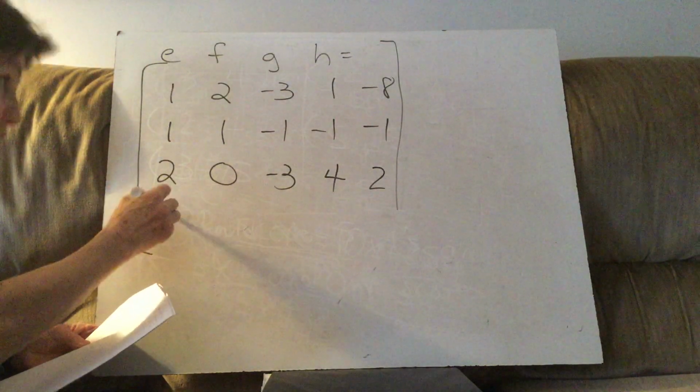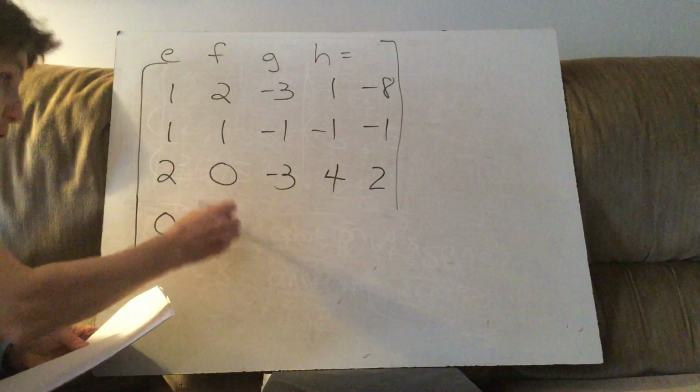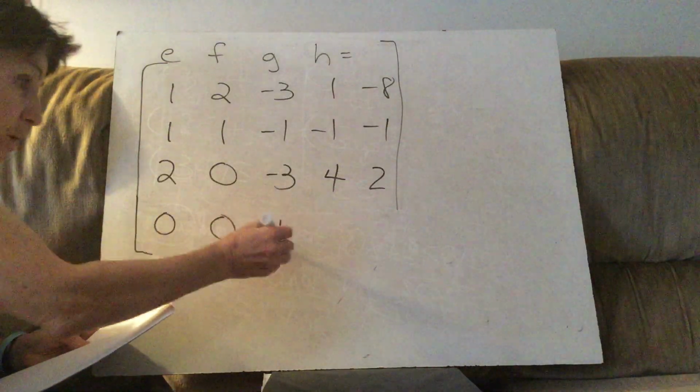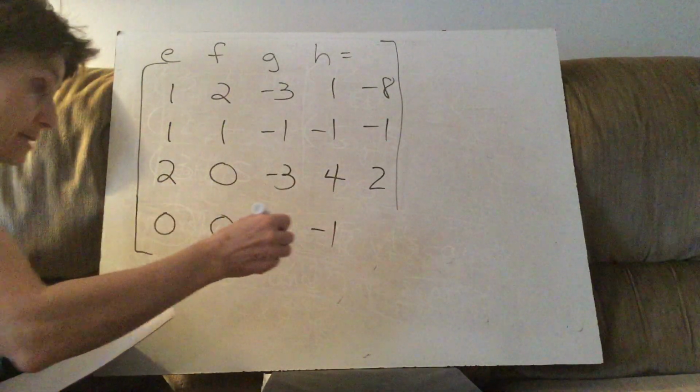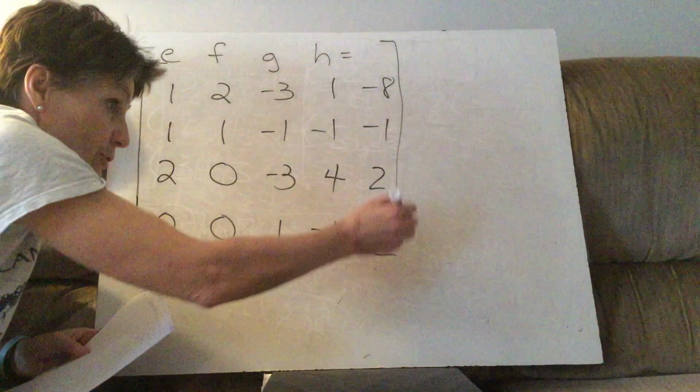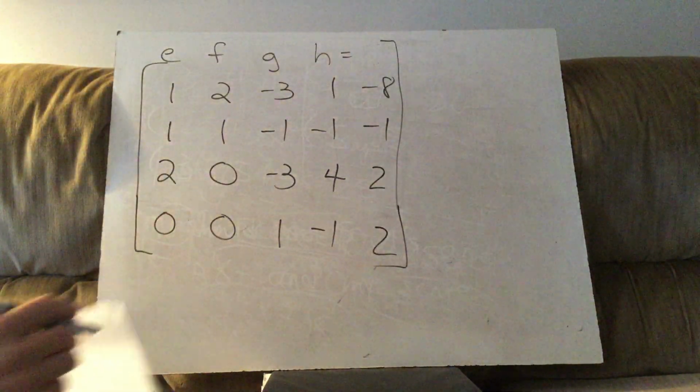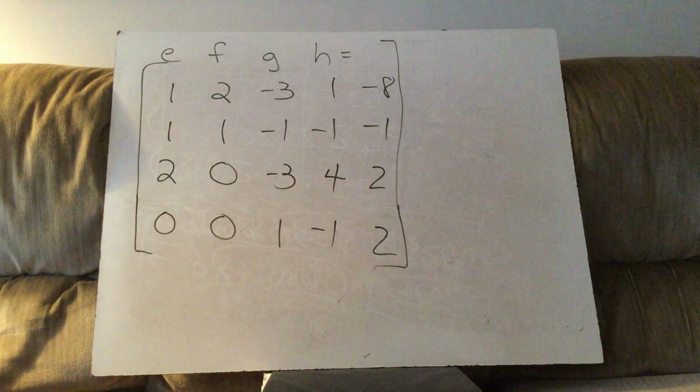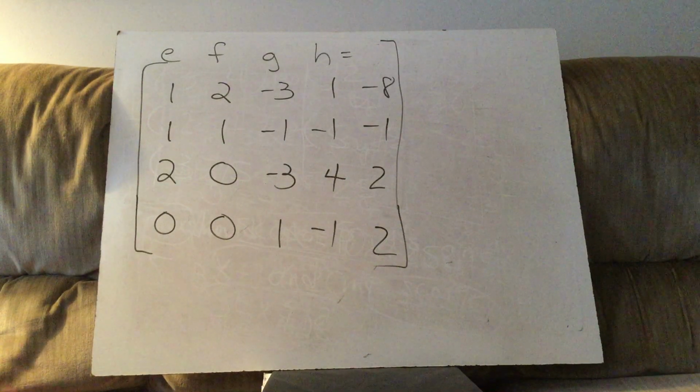And then no E's, no F's, 1 G minus 1 H, and equals 2. So there is the matrix that went in.